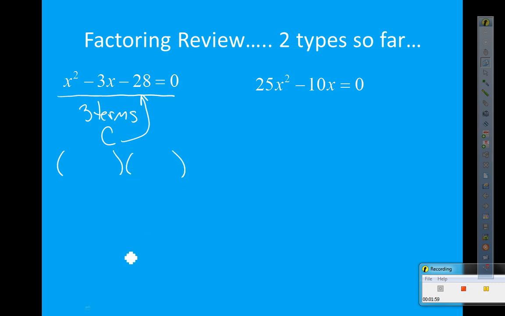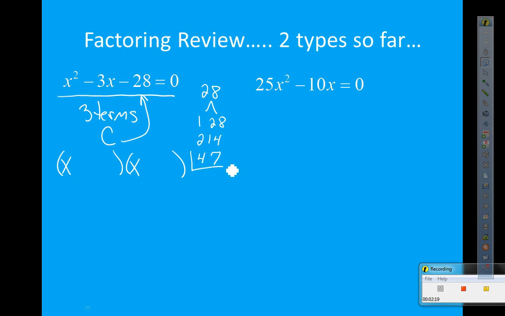We go 2 parentheses and an X and an X, because this is basically unboiling. And then I need you to find me 2 numbers that multiply to be 28. So your choices are 1 and 28, 2 times 14, 3 doesn't work, but 4 and 7.